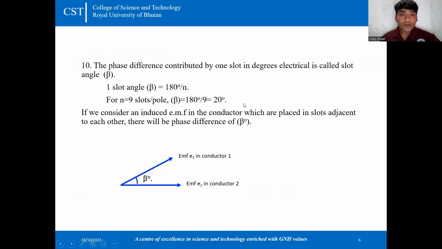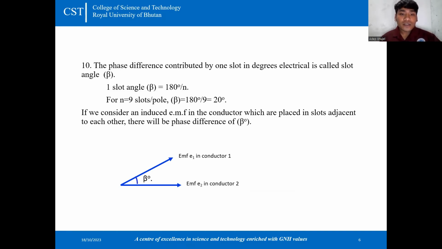Next term we have is slot angle. The phase difference contributed by one slot in degrees electrical is known as slot angle, and it is denoted by beta. One slot angle is equal to 180 degrees divided by N, where N refers to pole pitch.